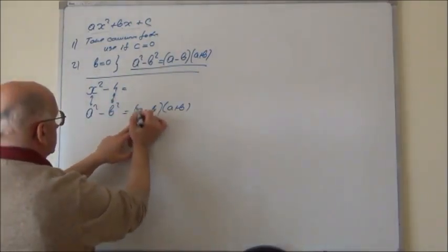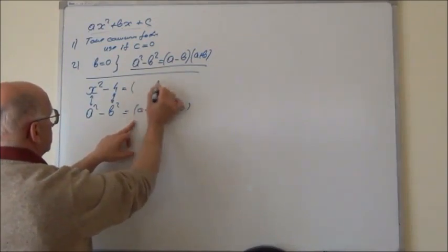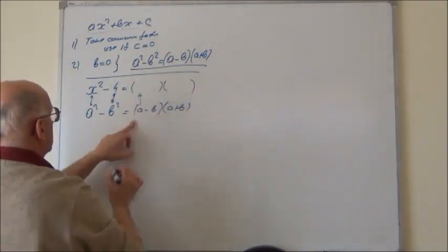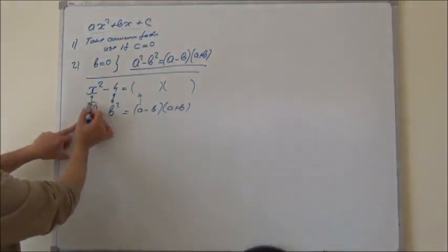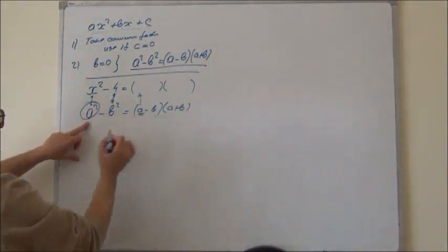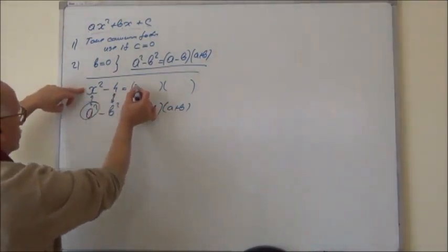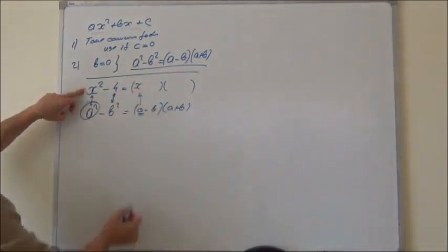On the other side we have just a. So if from a squared we have a, that will be from x squared, obviously, just x.